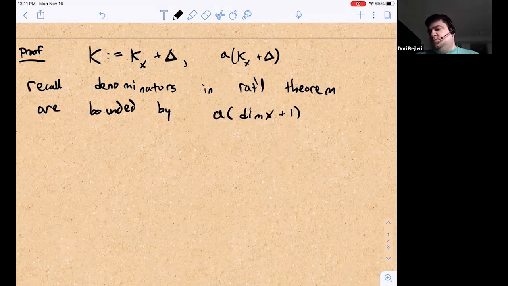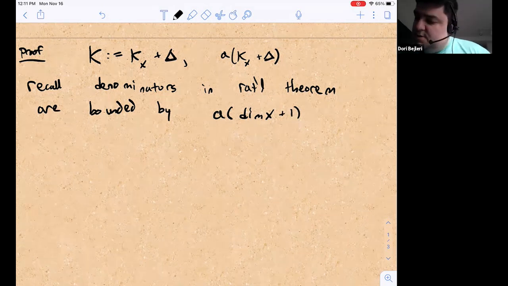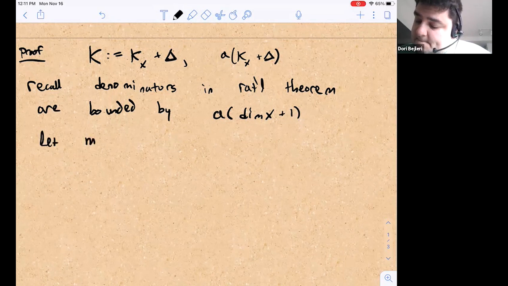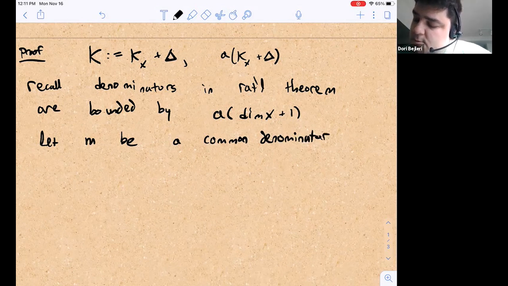And so because we have this upper bound on the denominators, there's some uniform common denominator that works in the rationality theorem for any divisor you could possibly plug into it. So we'll just denote that M. Just choose some common denominator. Okay, so that's the other piece of notation, this M.